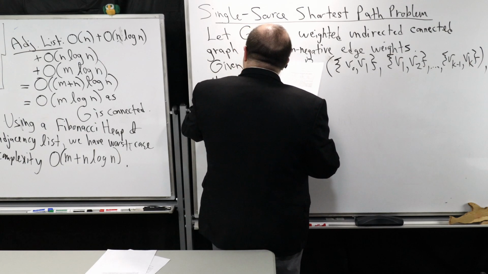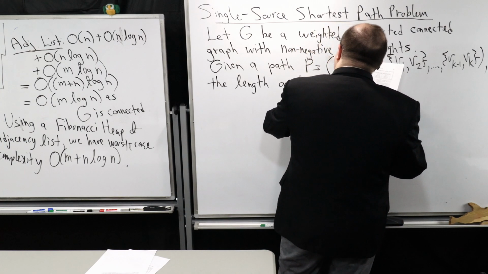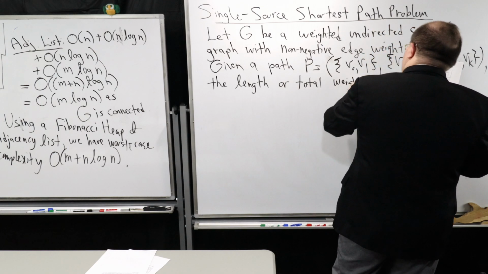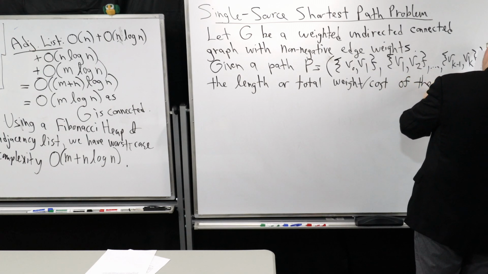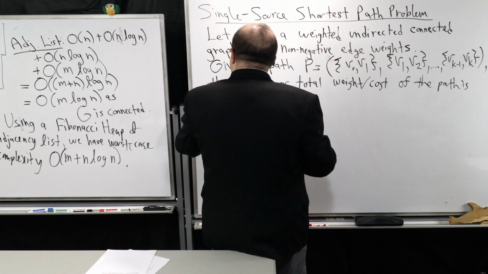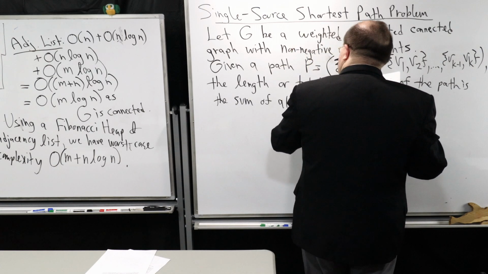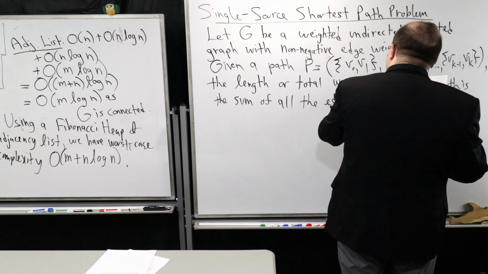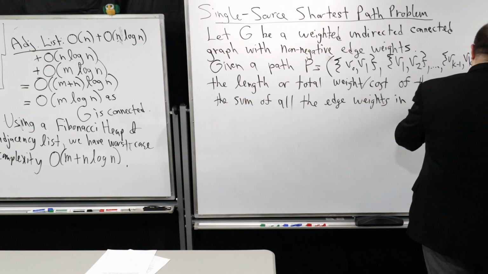The length, or total weight, or cost of the path is the sum of all the edge weights in the path.